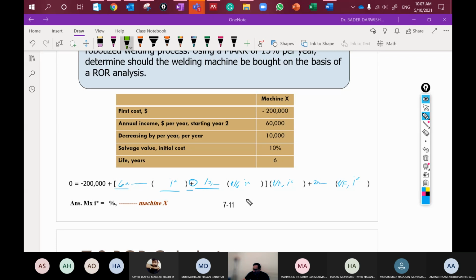At the end of the day, it meets the same requirement. I have it calculating the rate of return or internal rate of return, so that they can compare it with the 15%. This is my expected MAR.